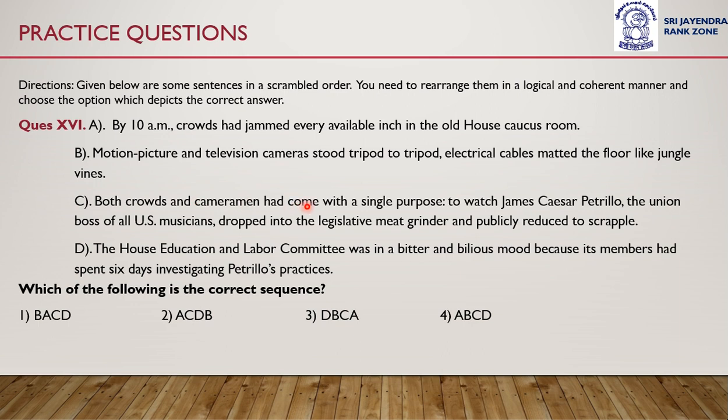Both crowds and cameramen had come with a single purpose: to watch James Caesar Petrillo, the union boss of all US musicians, dropped into the legislative meat grinder and publicly reduced to scrapple. The House Education and Labor Committee was in a bitter and bilious mood because its members had spent 6 days investigating Petrillo's practices.